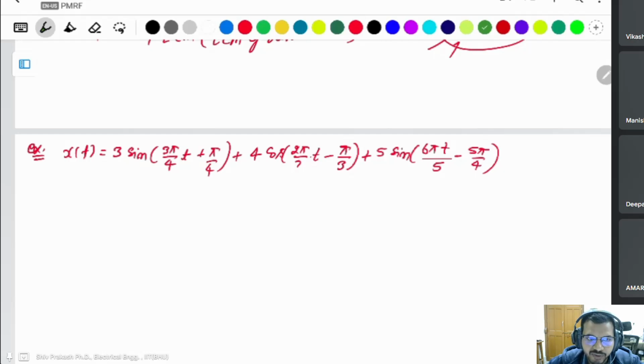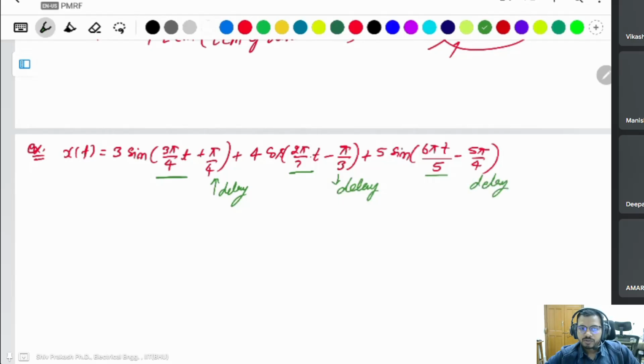What is the fundamental frequency of this signal? Only this affects the frequency. This is only the delay; the delay is not affecting your frequency or time period. These are all delays provided in your signal, that's why you can't consider this. Consider only this.